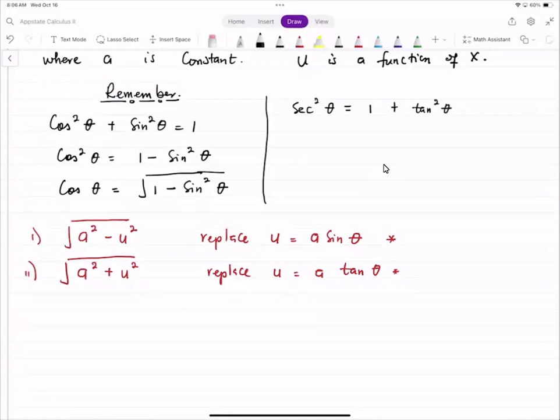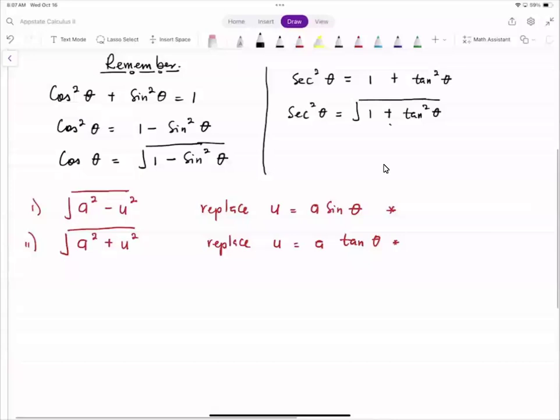So we can see that sec theta is equal to the square root of 1 plus tan squared theta. You see, here is plus, so you are trying to mimic something like this. And this is just 1 squared. So we are going to represent u as a tan theta.